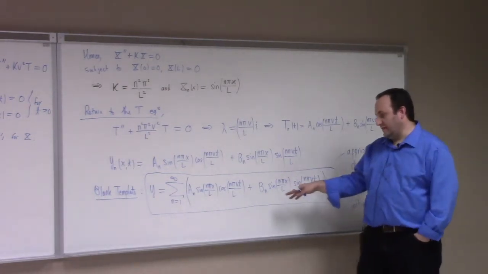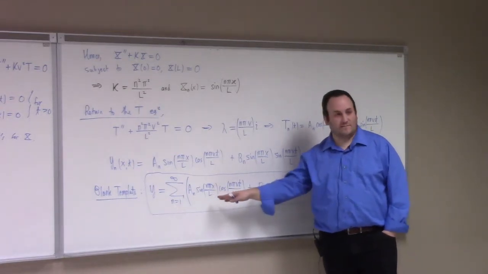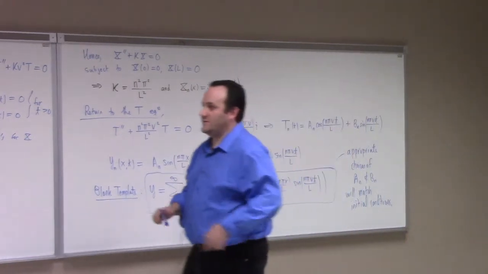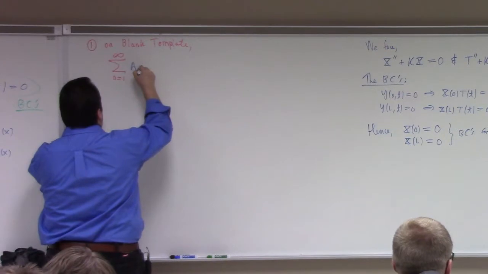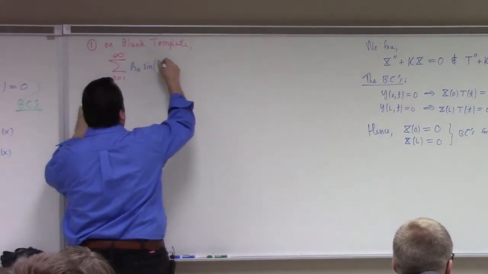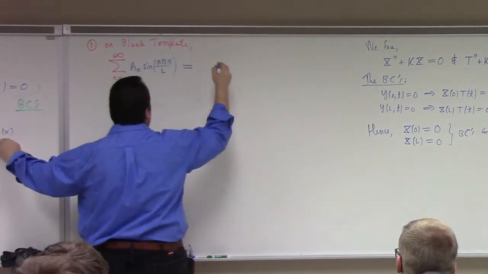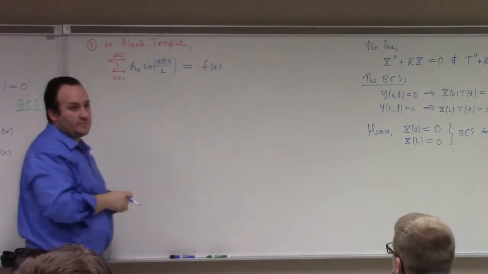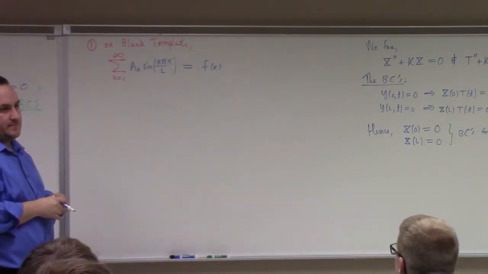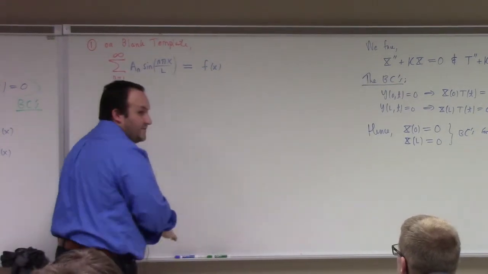On the other hand, t equals 0 puts the cosine term to 1. And what are we left with? Just the a sub n sine, right? So if we put t equals 0, we get a sub n sine of n pi x over L equals the given initial position. But as I talked about last time, we can use the Fourier decomposition.